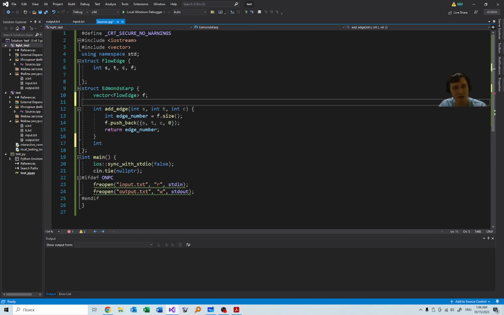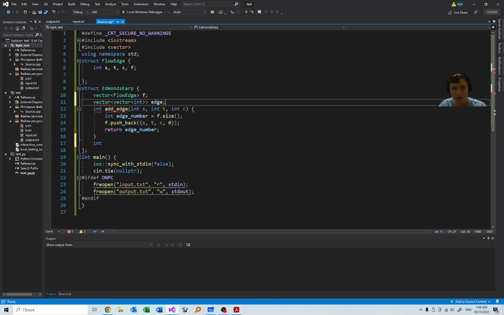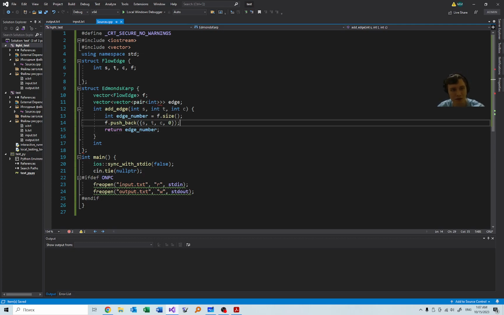Maybe let's also make it store all edges. And let's make pair int bool, so it says which edge and in which order. Okay, maybe even just int.